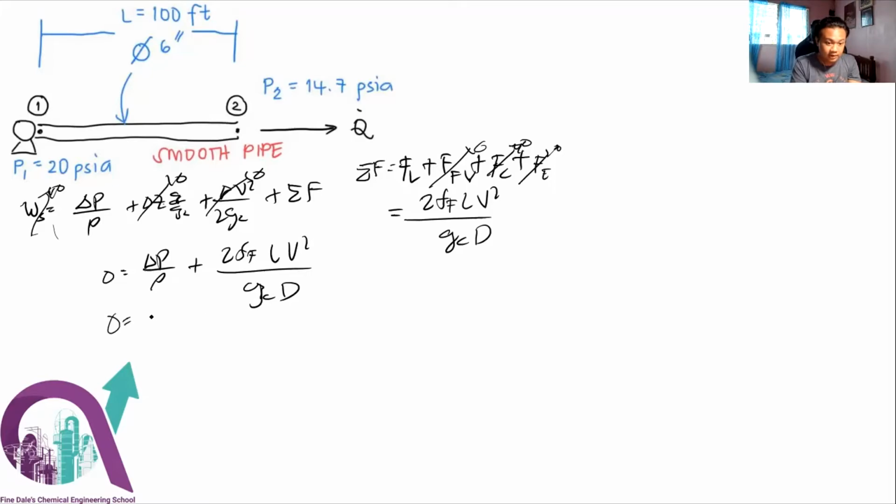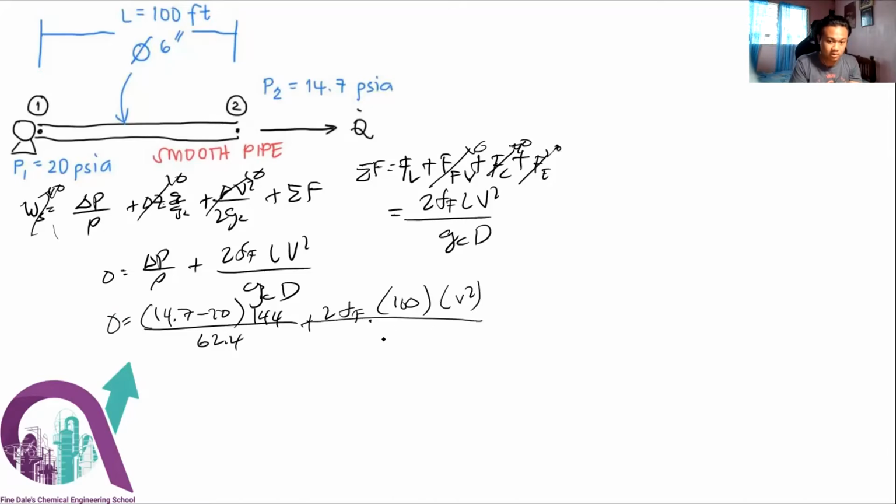We have 14.7 minus 20 psia, converted to psf, over 62.4, equals 2 times f times 100, the length in feet, then velocity squared over 32.174, then the diameter of the pipe.